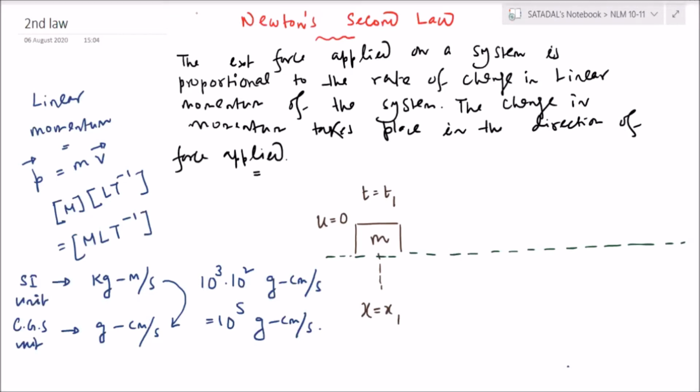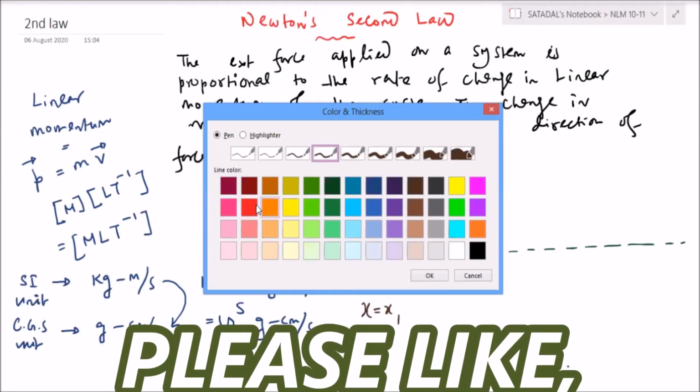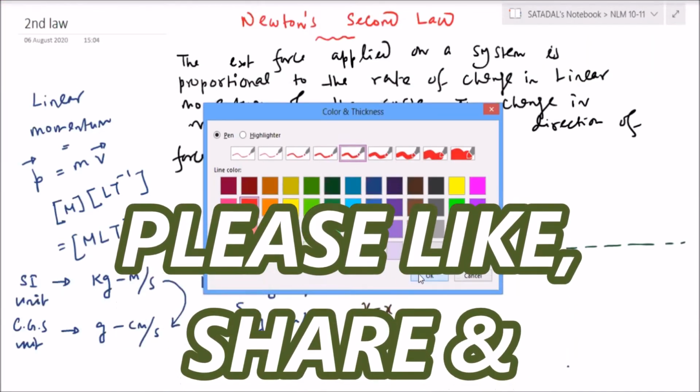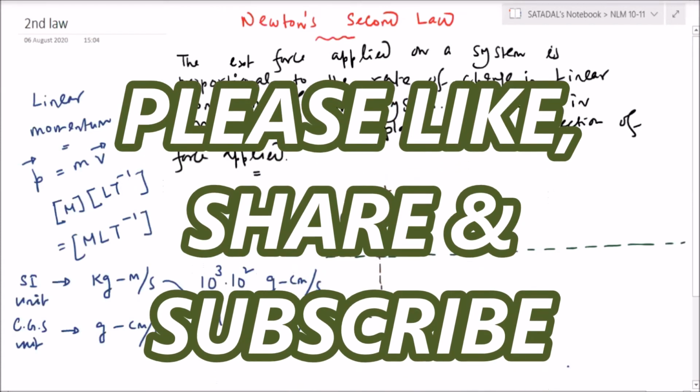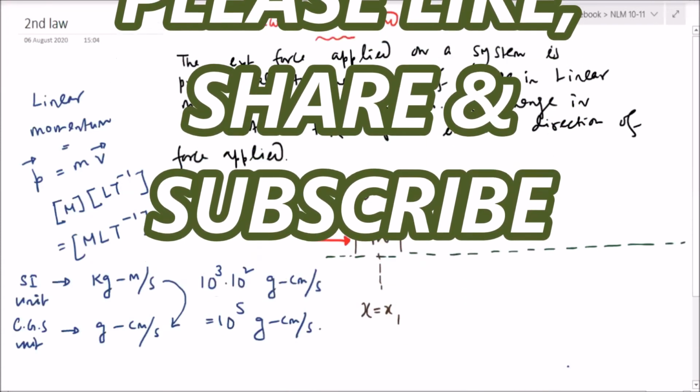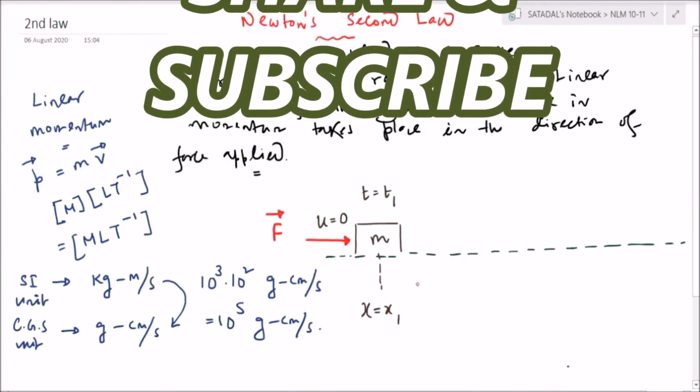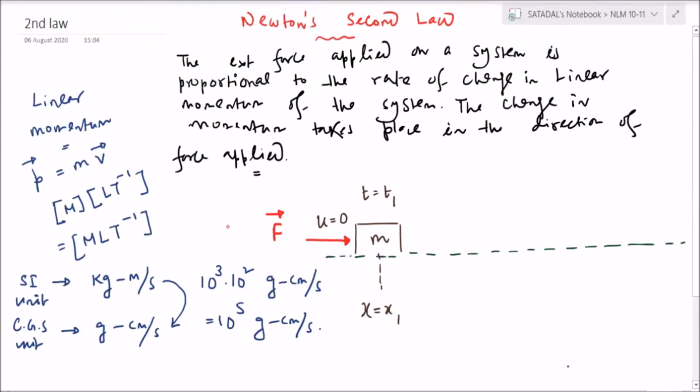Right, now at this instant of time, an external force started acting on the block. So suppose in this direction, an external force F vector started acting, because of which the block starts moving in the rightward direction. So after some time it comes here, mass m.